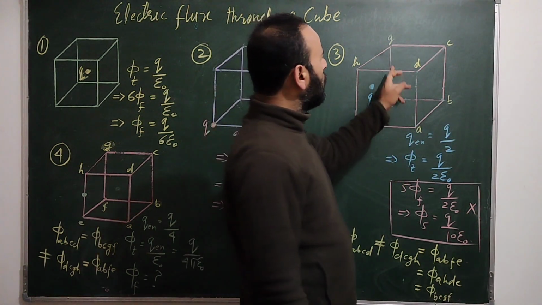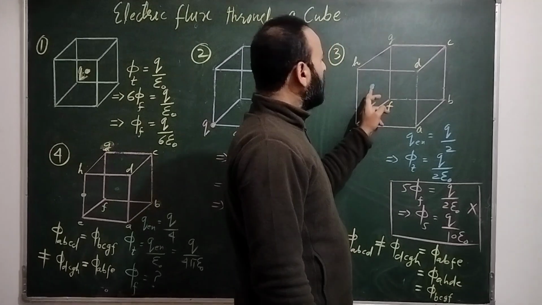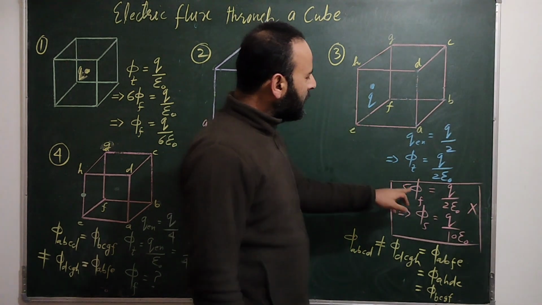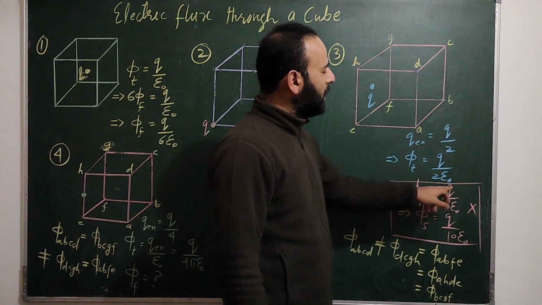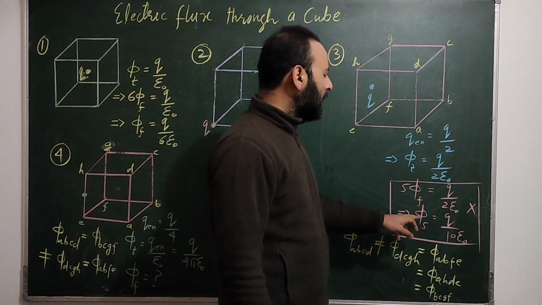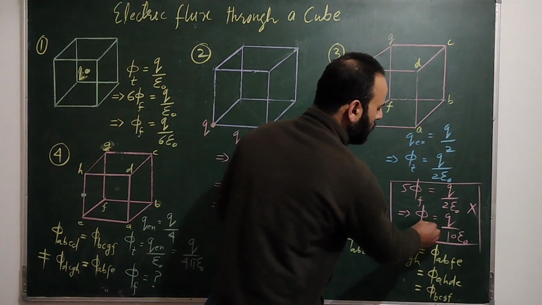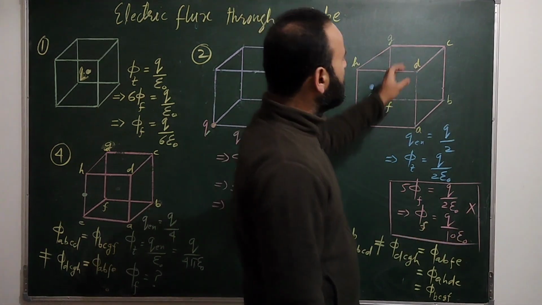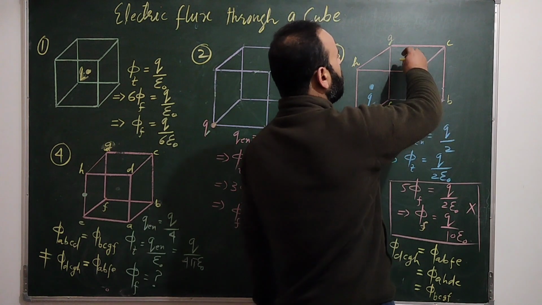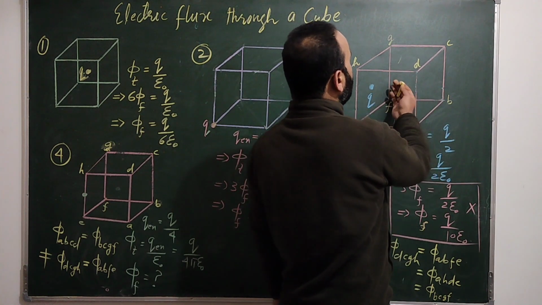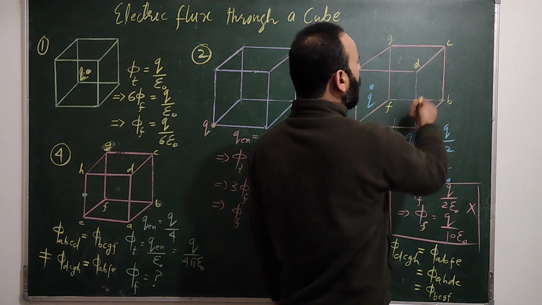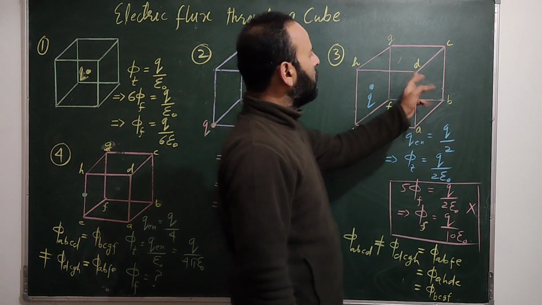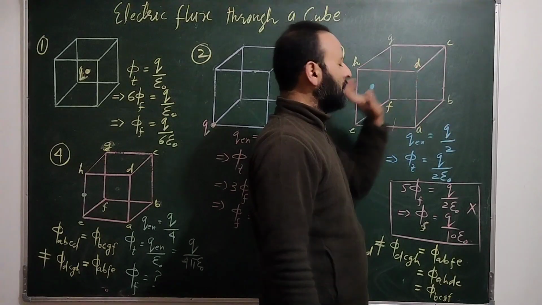Now, is the flux through all the faces the same? Are the 5 faces symmetric with respect to this charge? If they were symmetric, then 5 times the flux through each face is Q divided by 2 epsilon naught, which means the flux through each face would be Q divided by 10 epsilon naught. But since the faces are not all symmetric with respect to the charge, the flux through this face, this front face and this back face are symmetric, so the flux through these faces is the same, but the flux through this face is not the same as that of the other 4 faces.